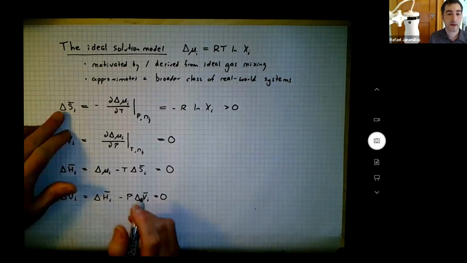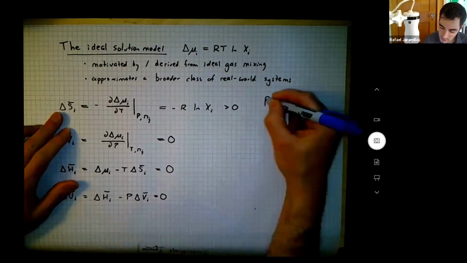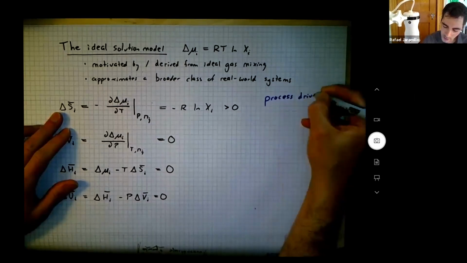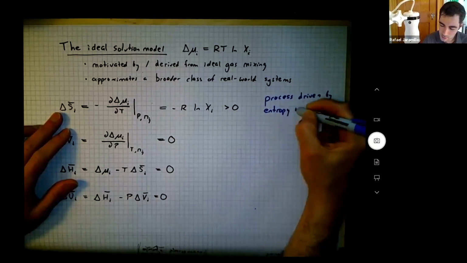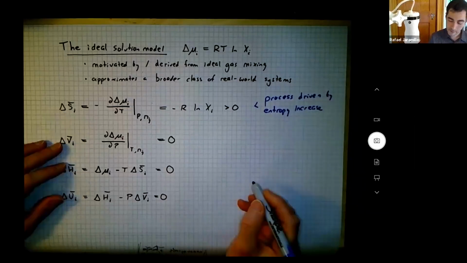The entropy increases on mixing. So this is a process driven by entropy increase, which we postulated back in lecture 1 with the baby book, right?